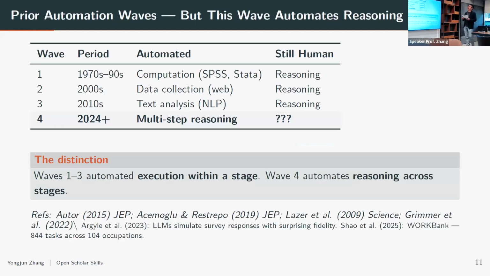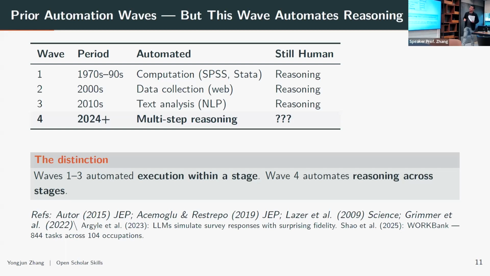So here, I was trying to give you some basic understanding of prior automation waves, and how this wave is different. SPSS was automated computation. Web scraping was automated data collection. A lot of folks are using web scraping nowadays. Natural language processing was automated text analysis.